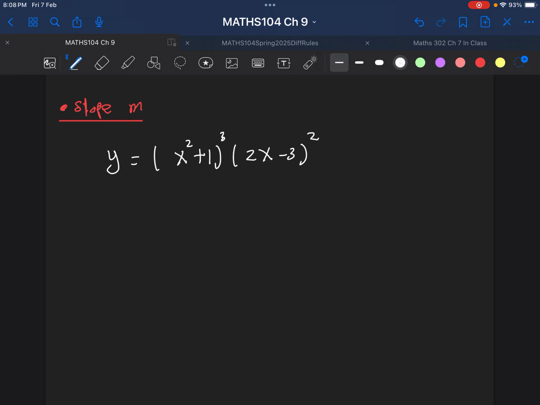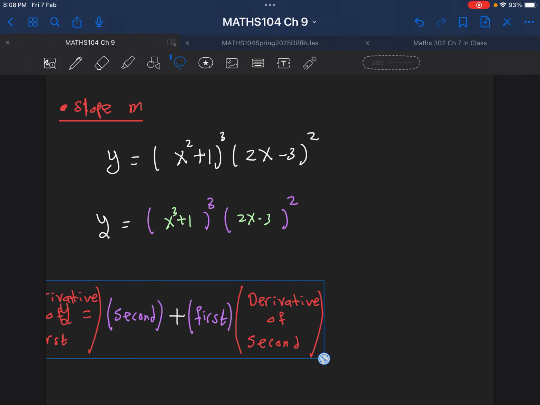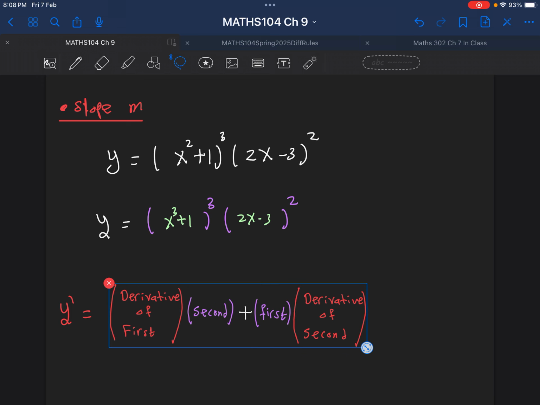This is the function. So in order to find the slope, we need to find which function is the outer, because I will take the derivative. The outer are the powers, and which functions are the inner. We will use each one with the product rule. So just let me remind you what's the product rule. The product rule is given by this formula here.